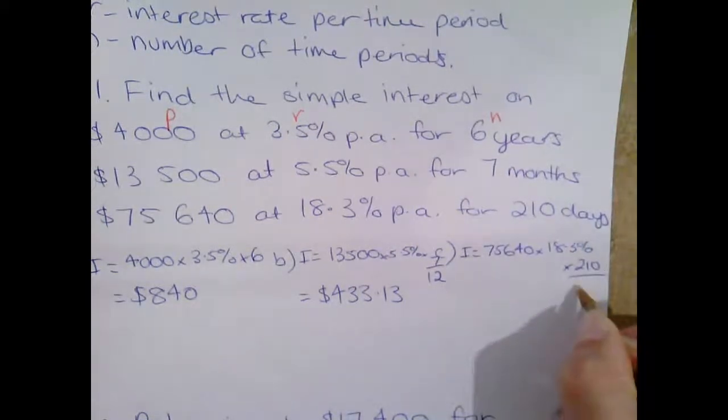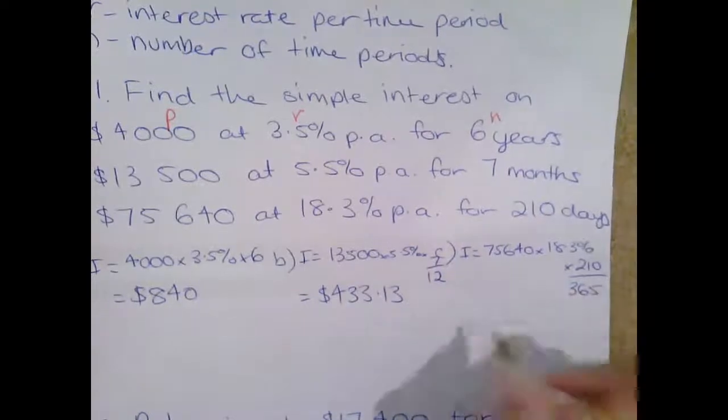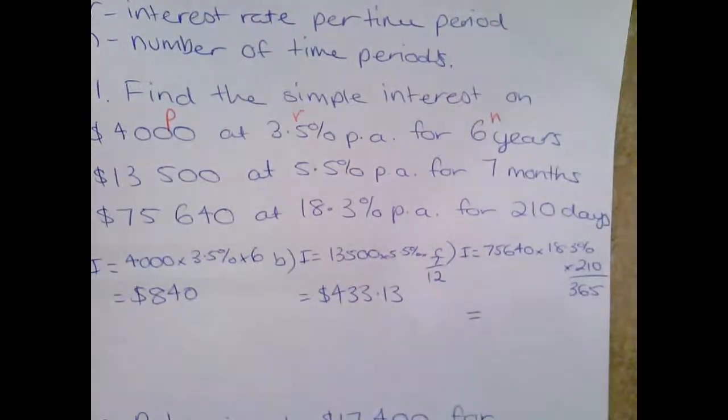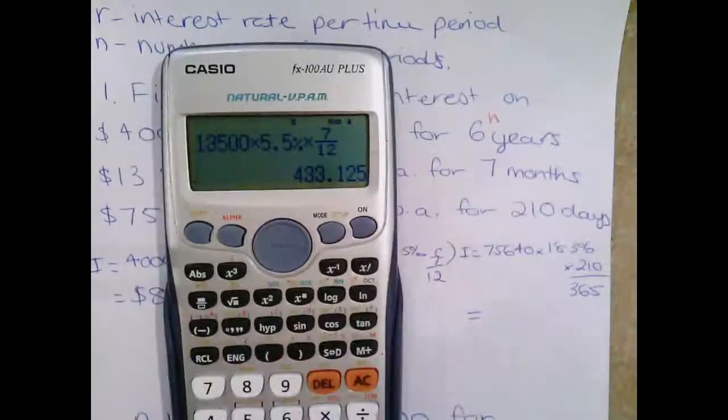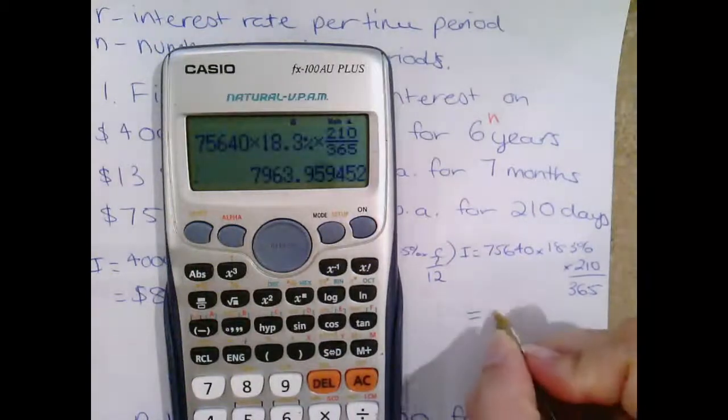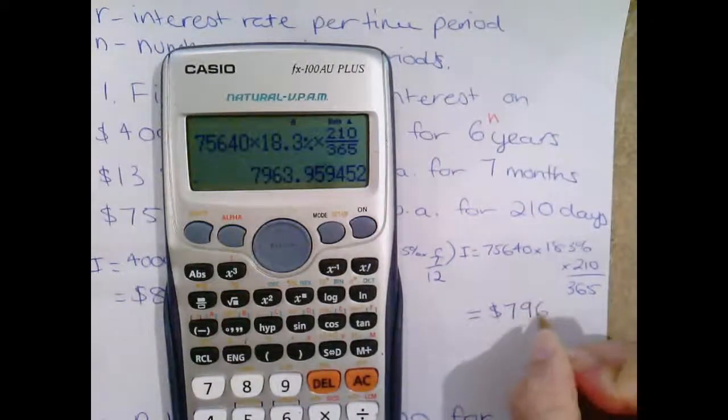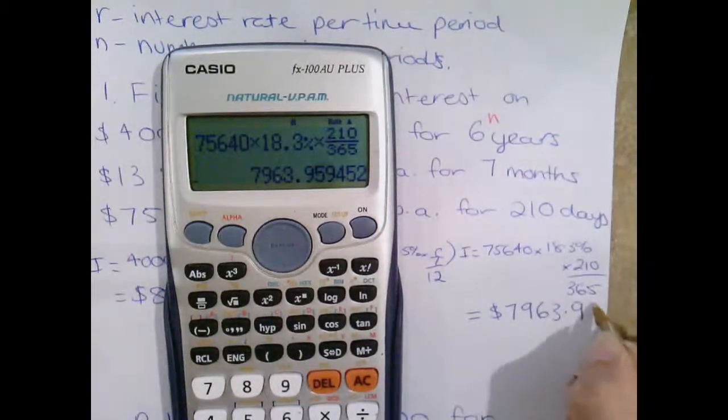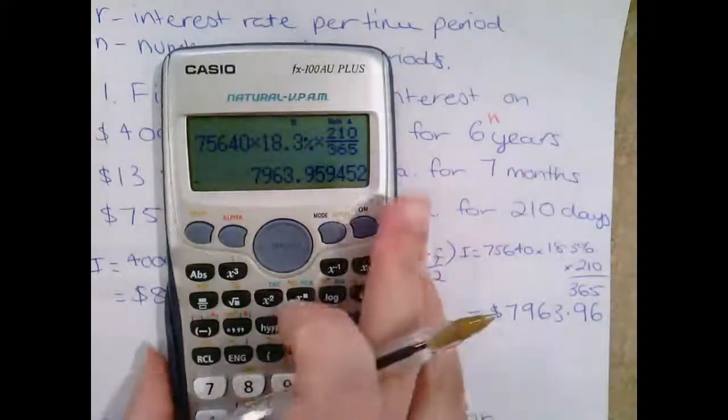So times 210 over 365. Calculator again, 75,640, 18.3% times 210 over 365. So to 2 decimal places.